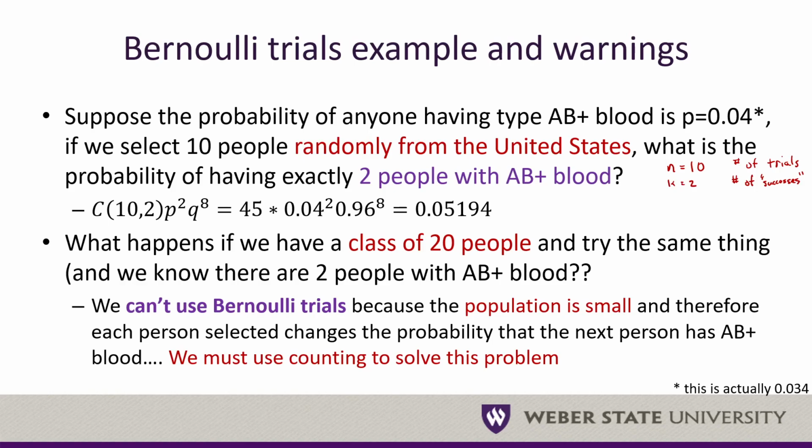If I select one person, what happens? So if I select one person, the likelihood that that one person has AB positive blood is going to be 0.1. What if they have AB positive blood? What happens to selecting the next person?